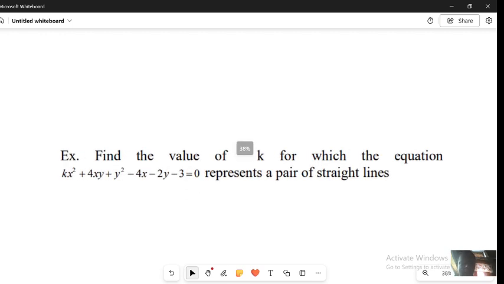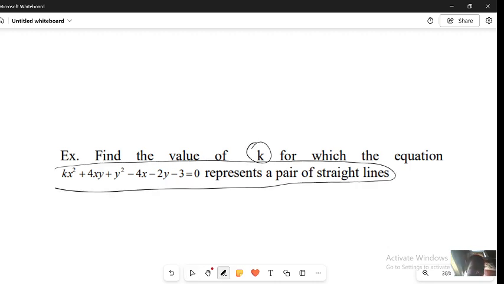It says find the value of k so that this equation will represent a pair of straight lines. Since we already know that this equation will represent a pair of straight lines when delta equals 0.